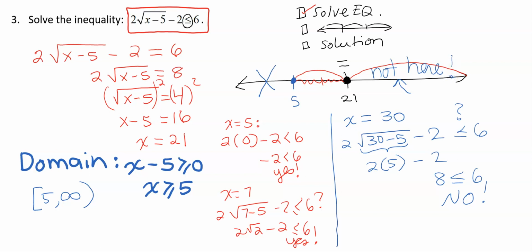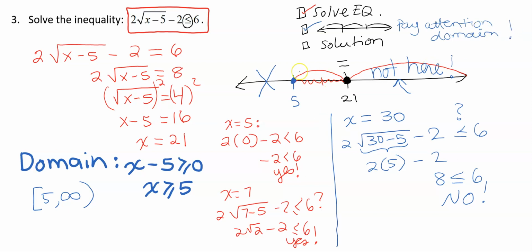So we just go ahead and put that on the number line and we check. Along with putting that on the number line, you need to pay attention to the domain of the operation that you have there.